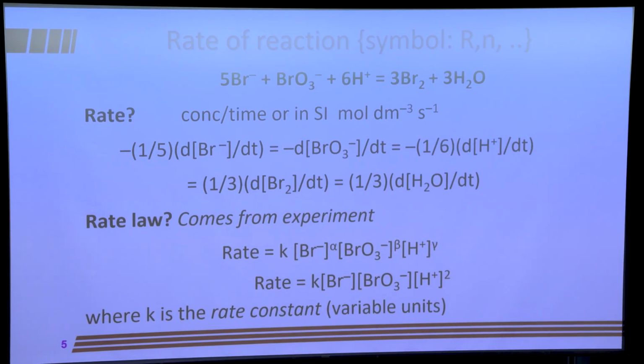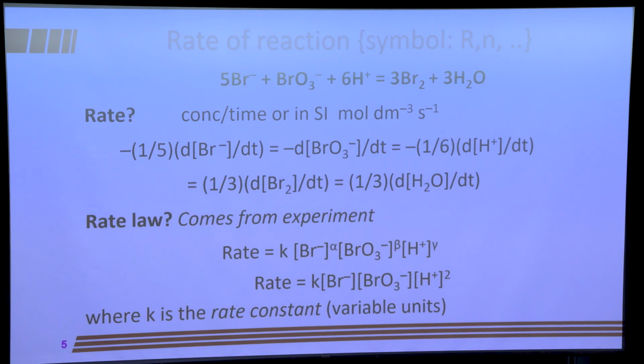So it's actually not equal to the stoichiometric coefficient, right? It's not 5, 1, and 6, right? So it's actually alpha, beta, and gamma. And we have to determine alpha, beta, and gamma by experiment, okay? But we can't take it from the stoichiometric coefficients, okay?